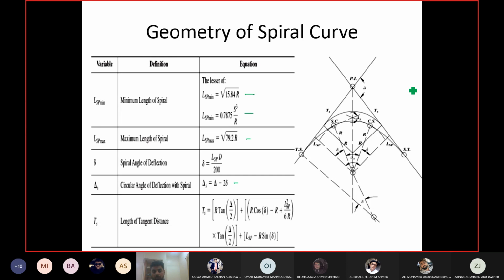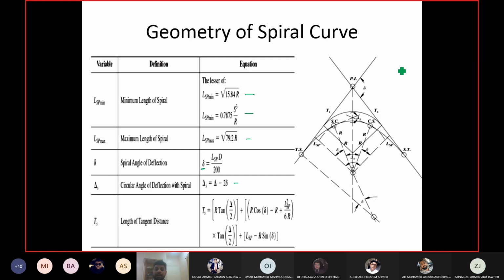But that is when a spiral curve is not provided. If a spiral curve is not provided, then this delta, I will call it capital delta, and this one I will call it small delta.